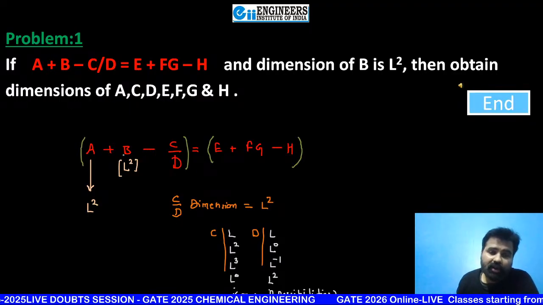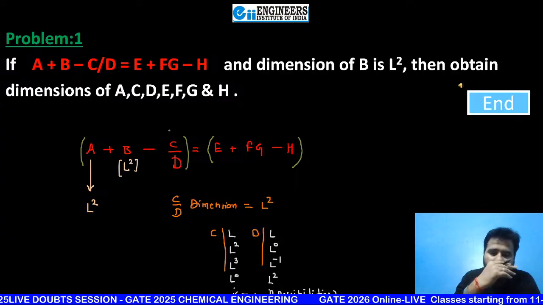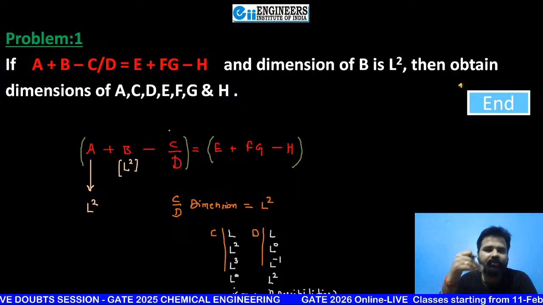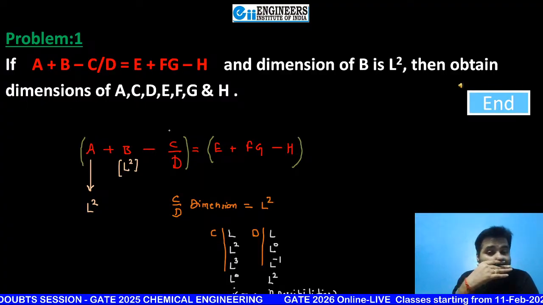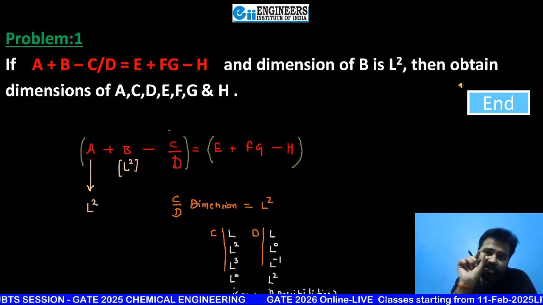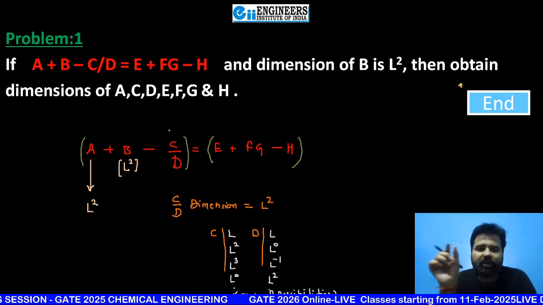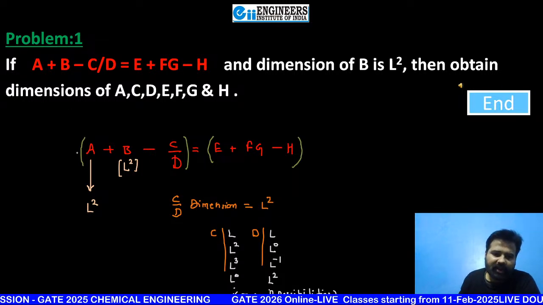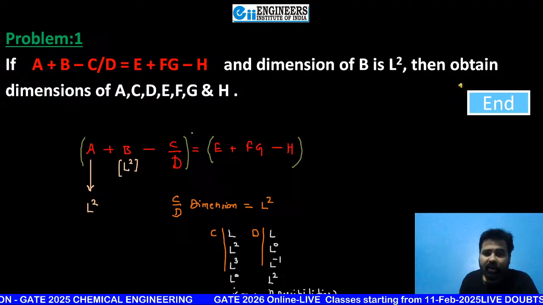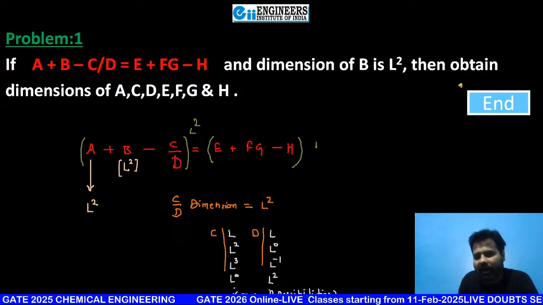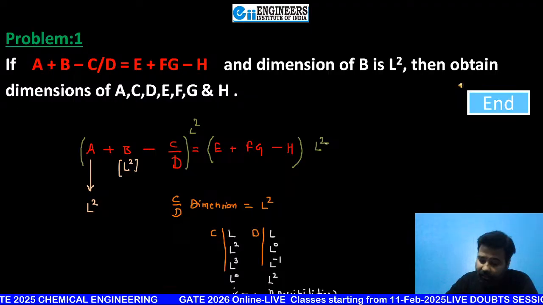Suppose you are adding 5 kilogram, 5 kilogram, 10 kilogram, 17 kilogram; every time the main unit is just kilogram. So 5 kilogram plus 2 kilogram equals 7 kilogram. So here the whole LHS dimension is L square, and here also the complete RHS dimension is L square.